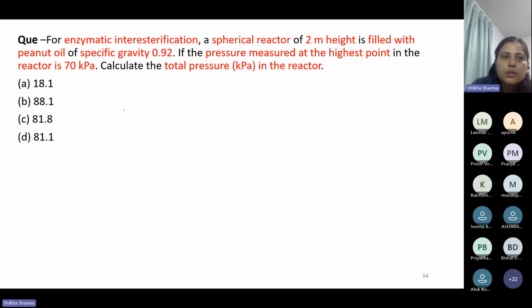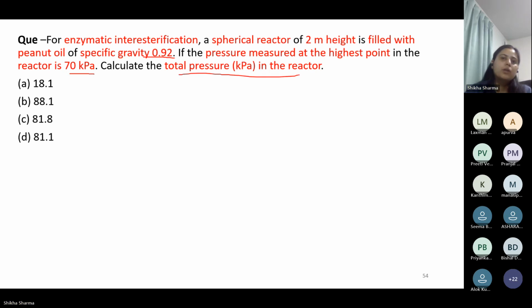This is a numerical question, so let's solve it. For enzymatic interesterification, a spherical reactor of 2-meter height is filled with peanut oil of specific gravity 0.92. If the pressure measured at the highest point in the reactor is 70 kilopascals, then what is the total pressure in the reactor?